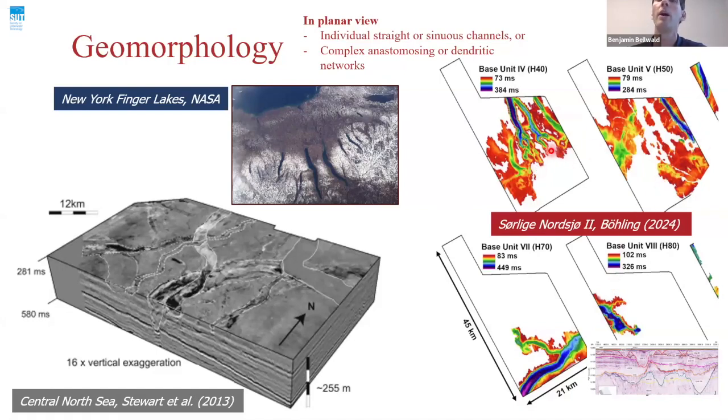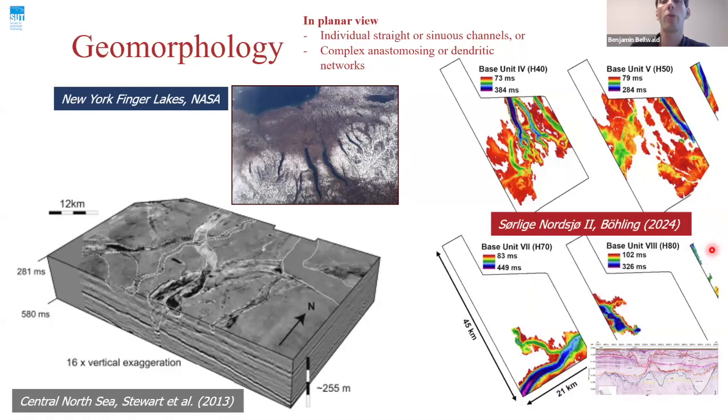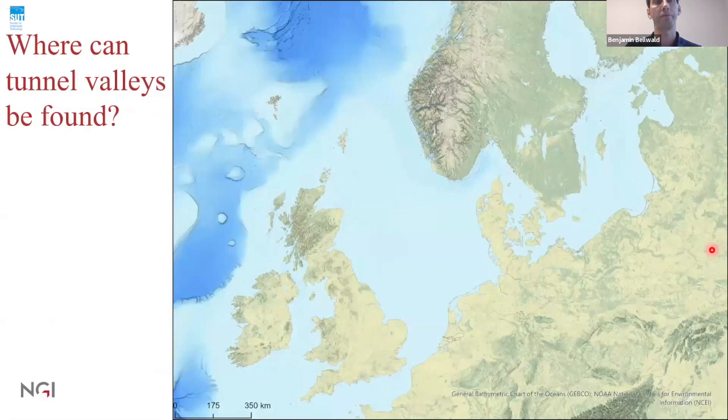And then on the uppermost tunnel valley, you have a reoccupation of this tunnel valley, but some additional tunnel valleys coming up. So really complex features, different geomorphologies, but more or less having a common origin by being subglacial meltwater channels.